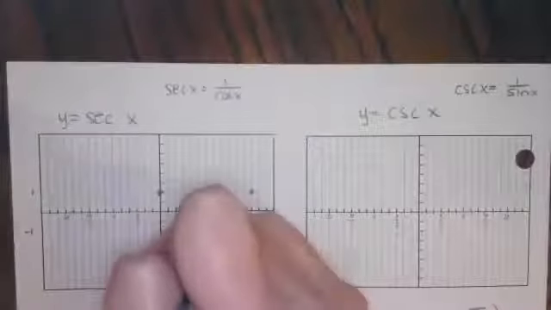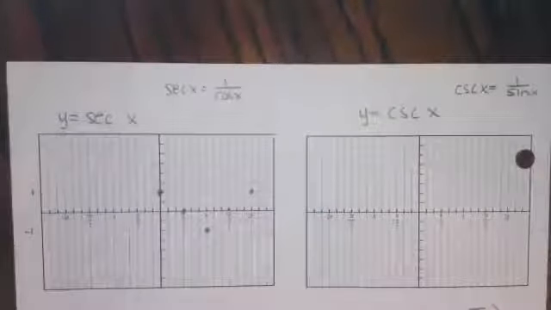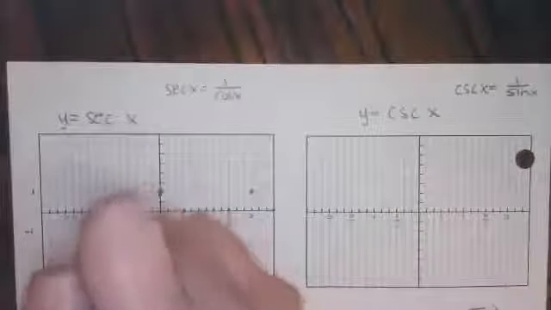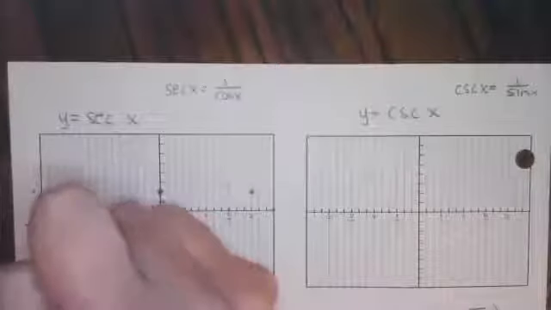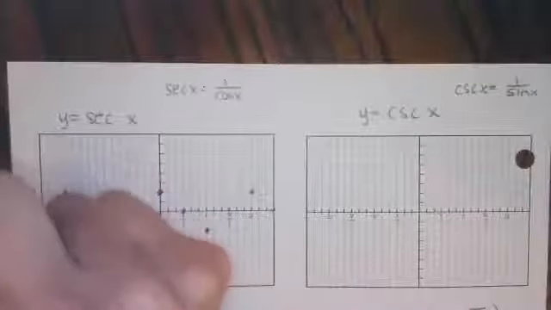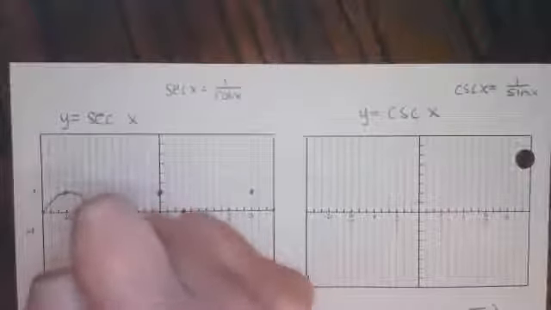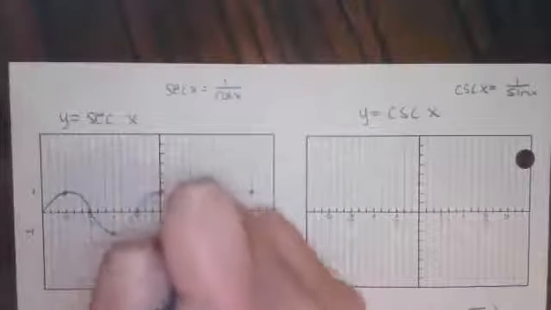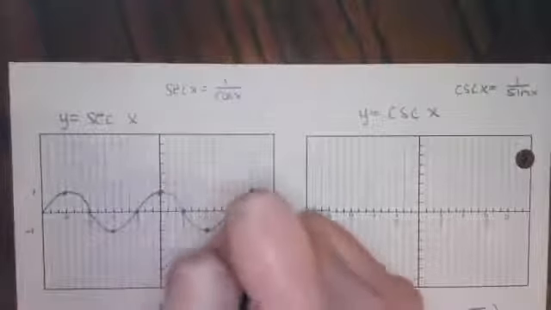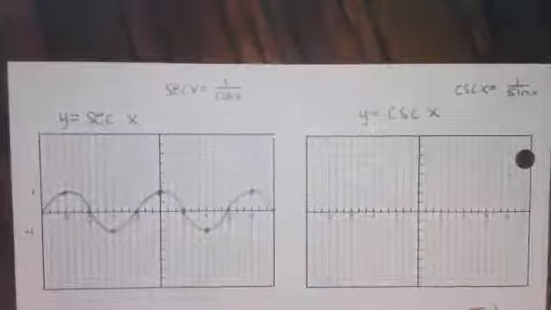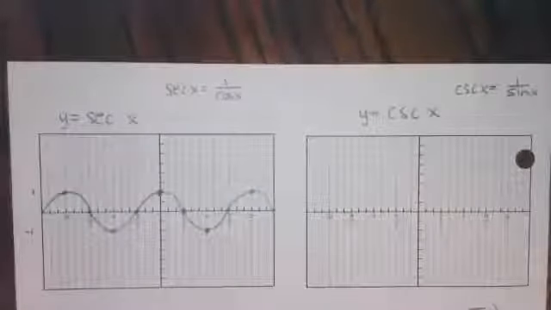And then in between those 2 points, it'd be in the middle. And then that cycle continues. So we lightly draw that graph. Mine is probably a little too dark here, but we lightly graph that first. And that is going to help us graph our secant graph.